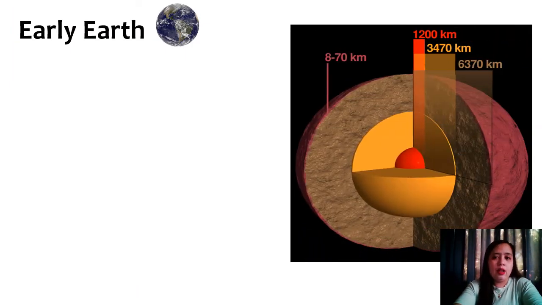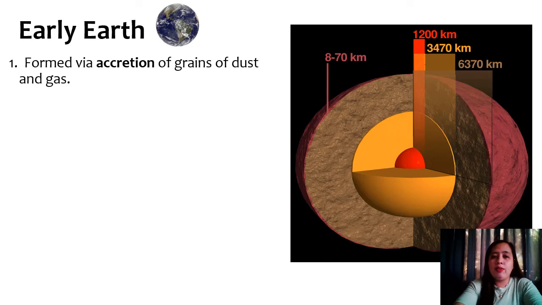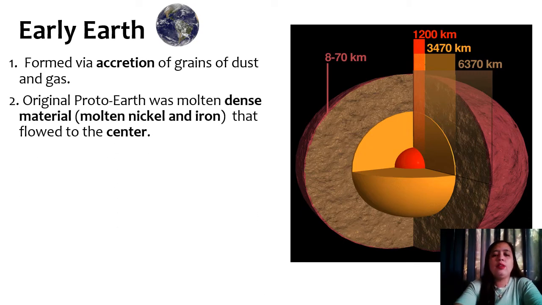Now, let's look at the early Earth. The early Earth was formed via the accretion of grains, dust and gases. Last meeting we talked about the iron catastrophe. The proto-Earth was molten dense material containing nickel and iron that flowed to the center.